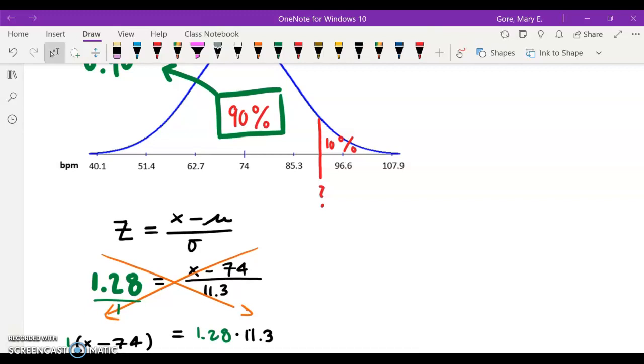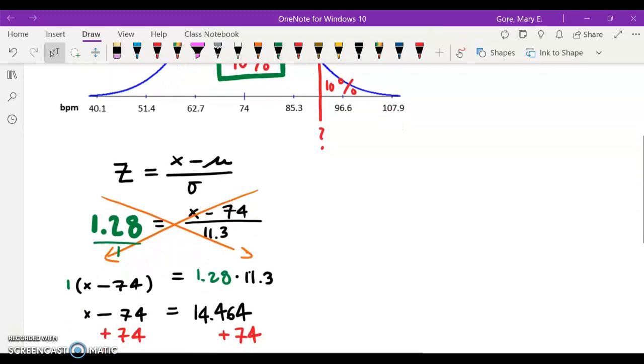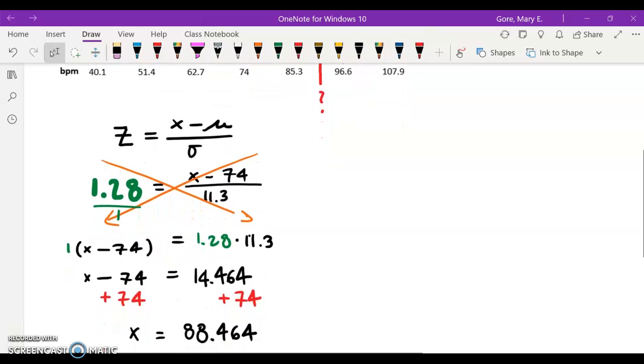Now we had to focus in on that lower 90% because that's the way our normal table works. But again, no longer a mystery. So I can take away my question mark. This is 88.464.